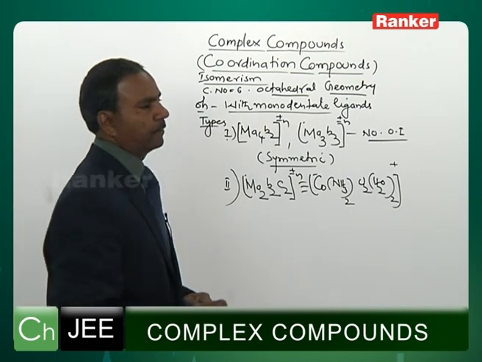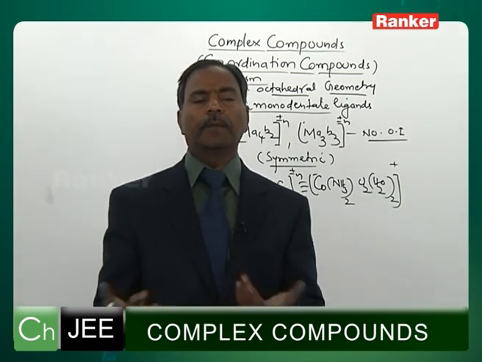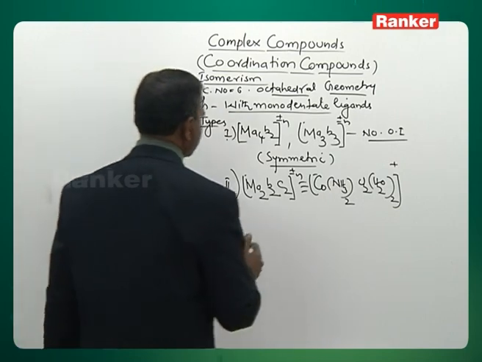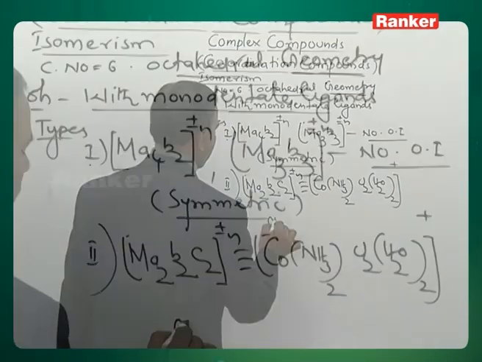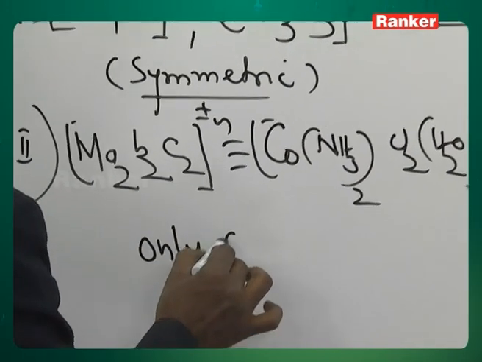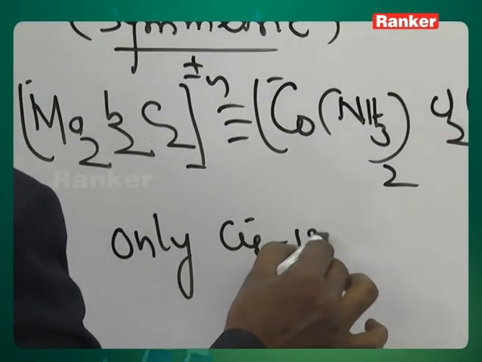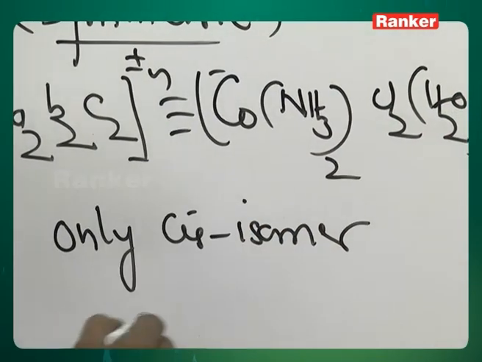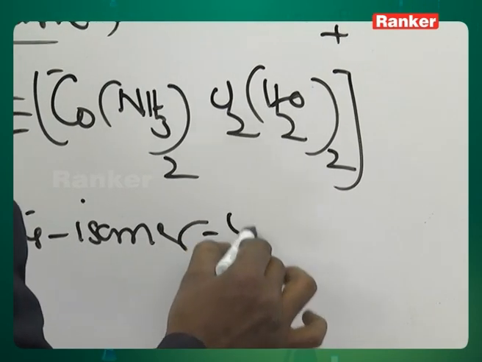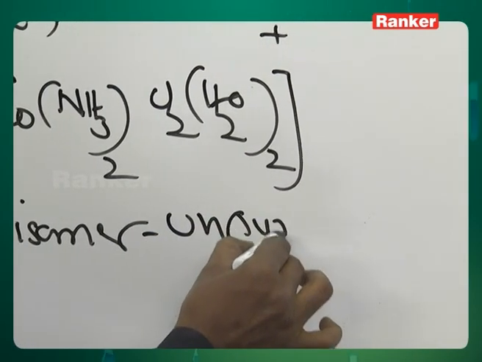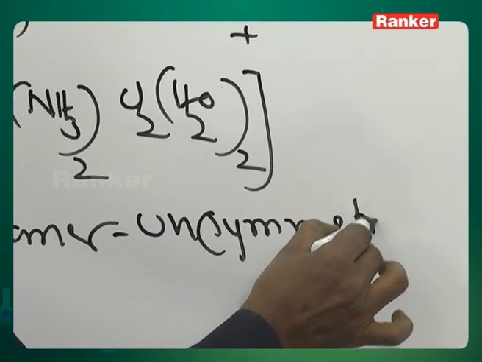I will write the cis isomer and show how it is optically active. Only the cis isomer is found to be unsymmetric.